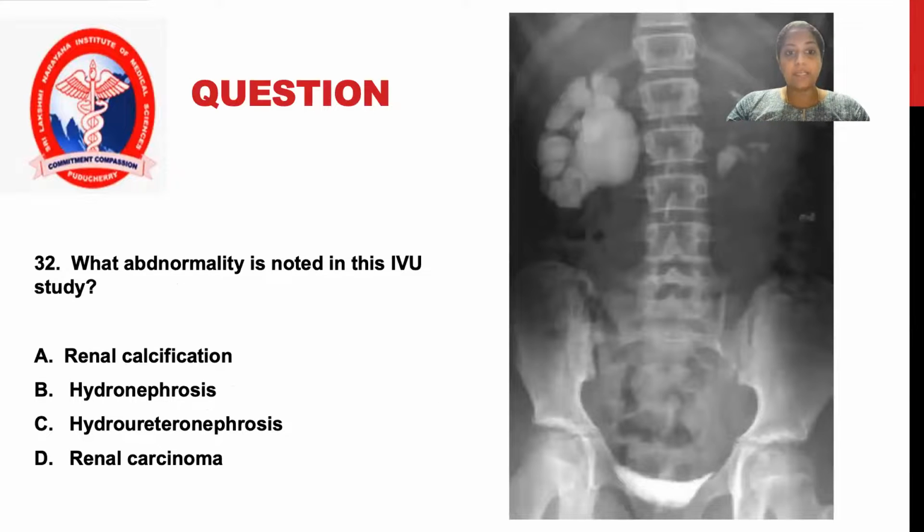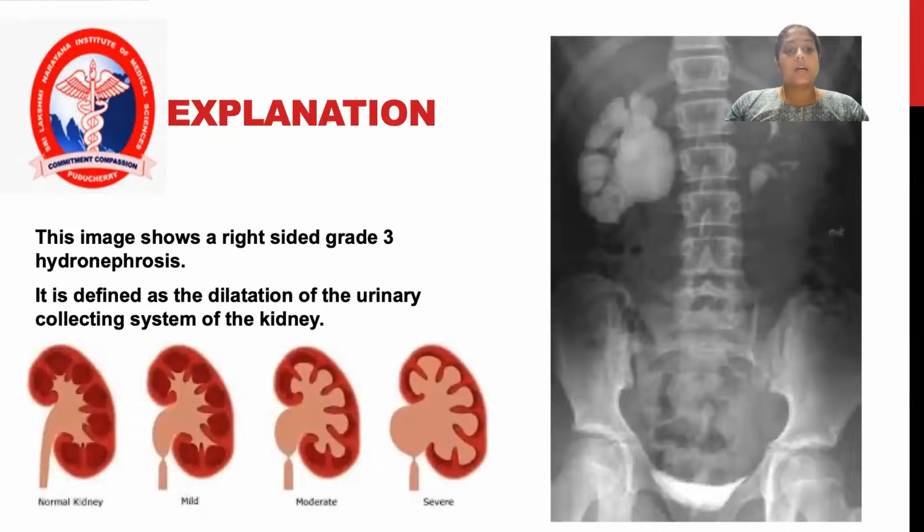What is this abnormality noted in the IVU study? We had seen similar images in our previous slides. Is it a case of renal calcification, hydronephrosis, hydroureteronephrosis, or a renal carcinoma? Here, this is a right-sided grade 3 hydronephrosis.